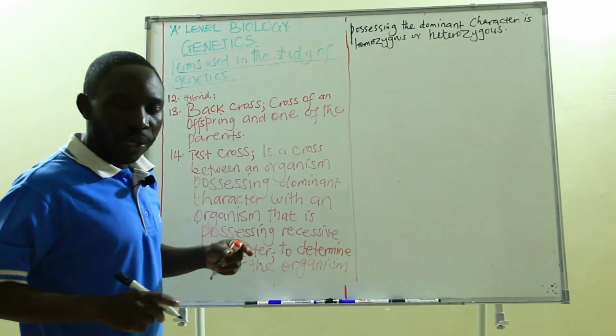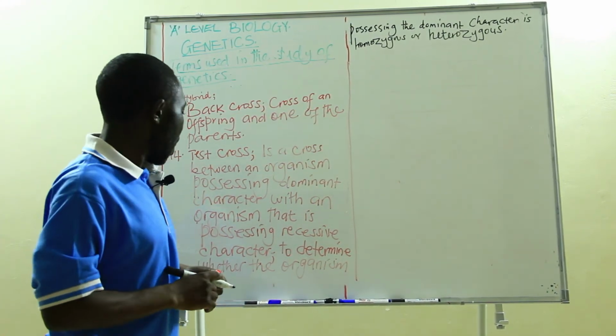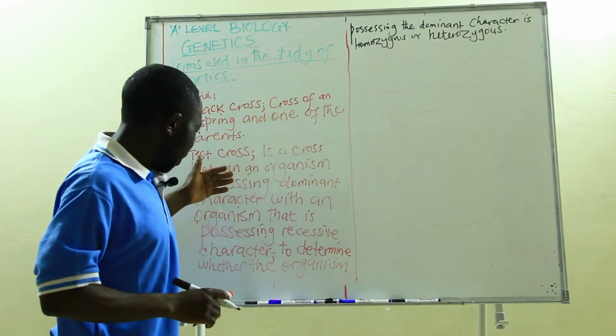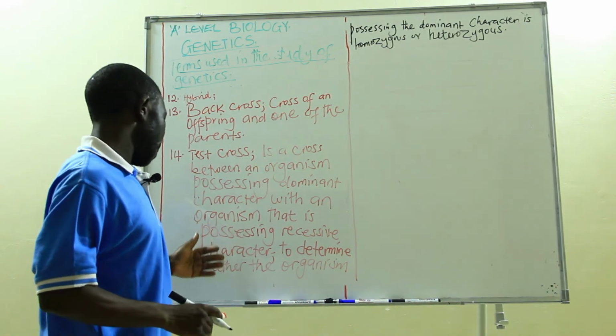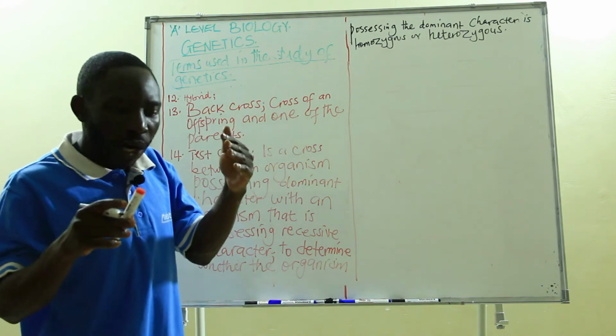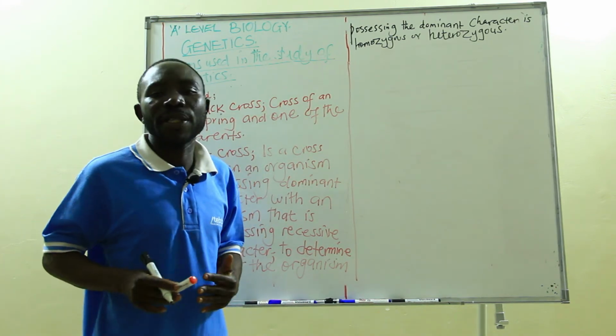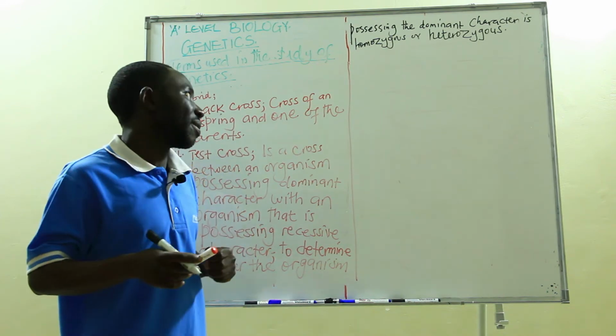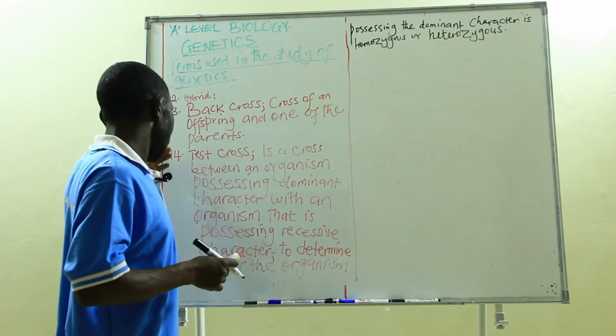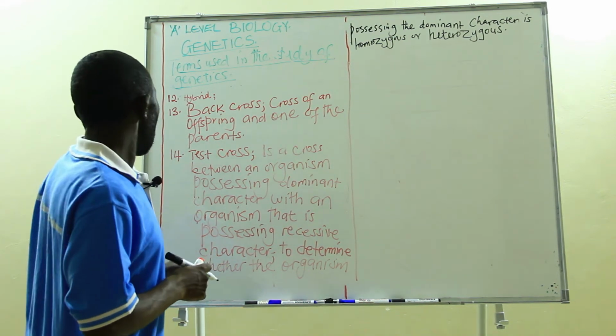So that is what we call a test cross. The aim of carrying out a test cross is to ascertain or to determine whether the organism possessing the dominant character is homozygous or heterozygous. So that is the meaning of test cross.